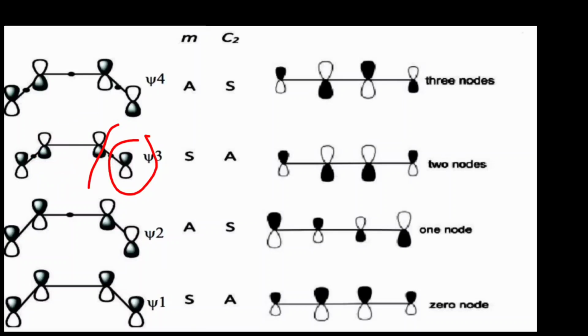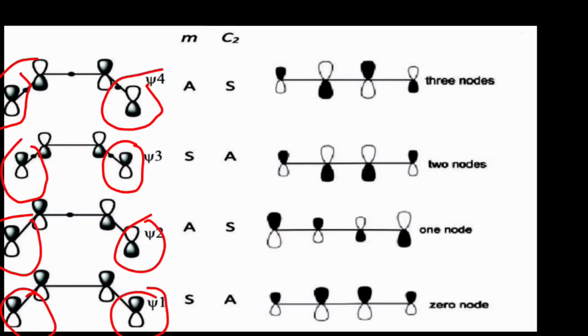Then Psi4. Psi4 means here 3 nodes are required. 3 nodes means 1, 2 and 3. So due to this, all lobes have alternate positive and negative sign. While observing symmetric properties, you just concentrate on these 2 lobes.